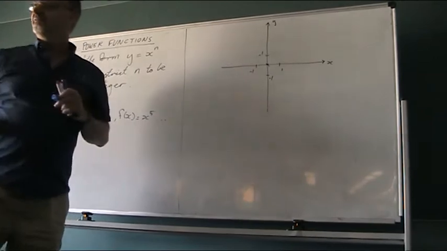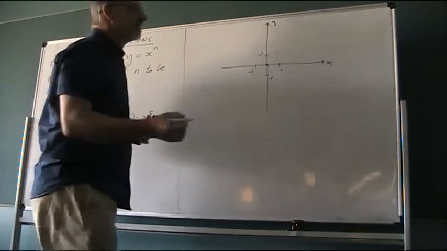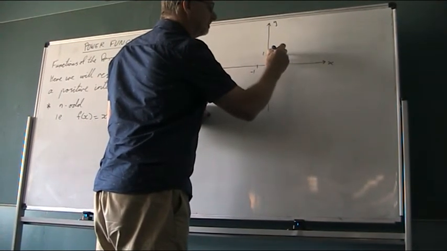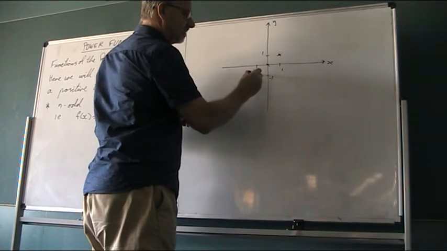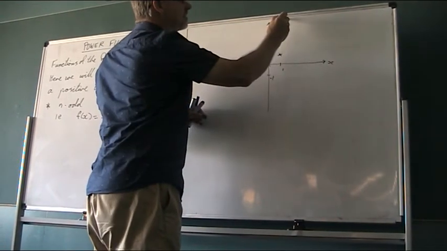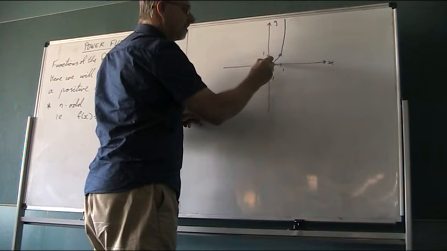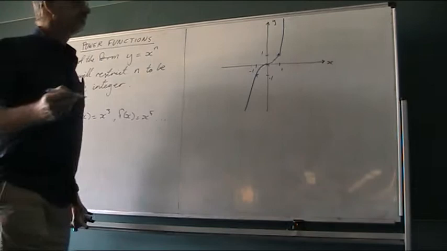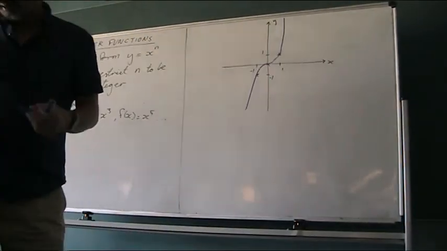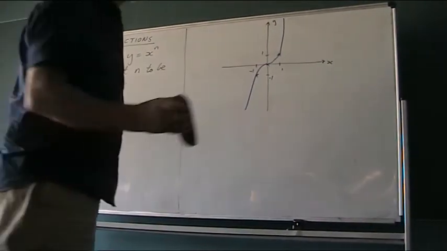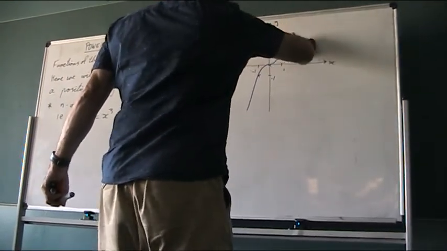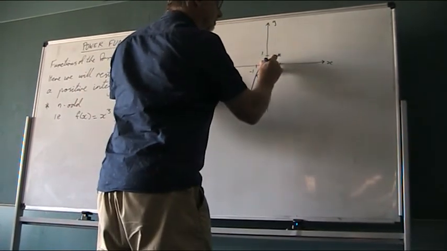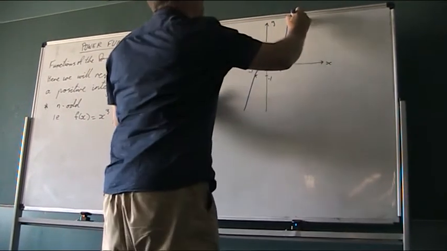Any other things? When x is 1, y is 1. When x is -1, y is negative 1. I haven't drawn that all that great, but anyway. So it goes something like this. Actually, I've probably made this bit over here too steep. That's probably a bit better.